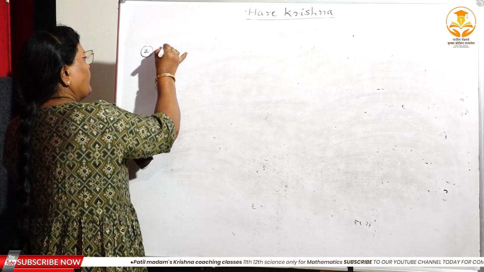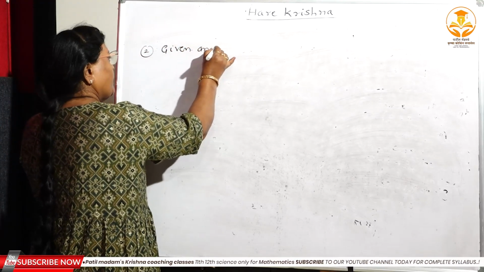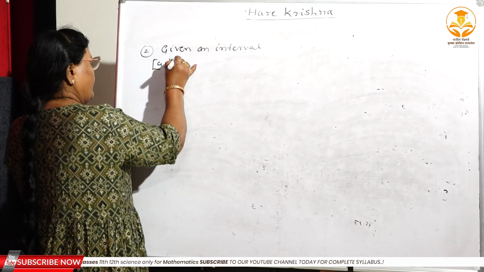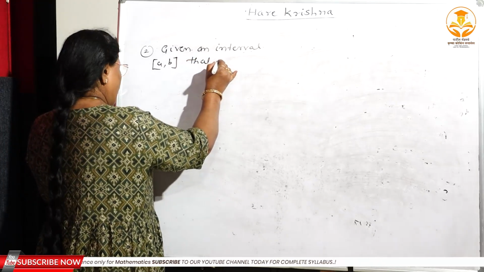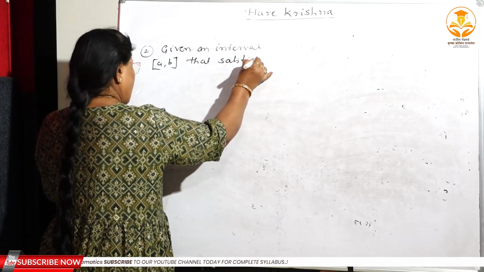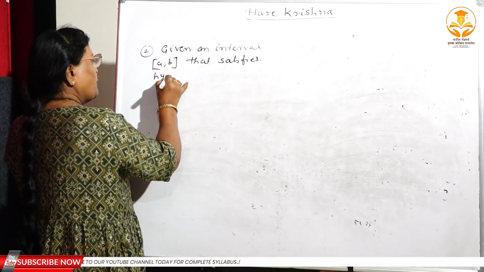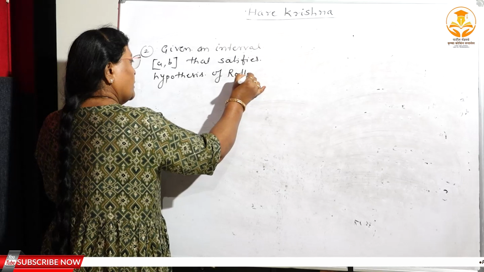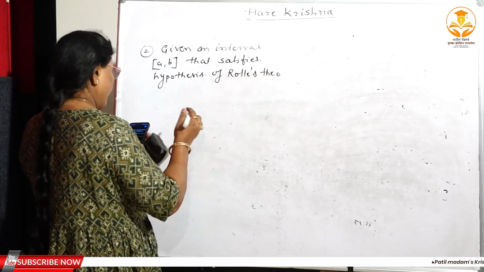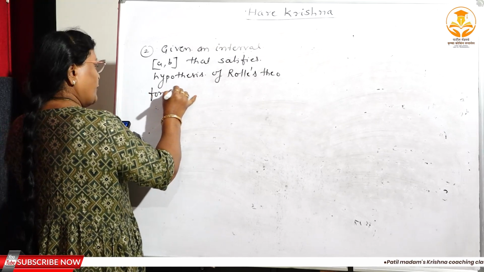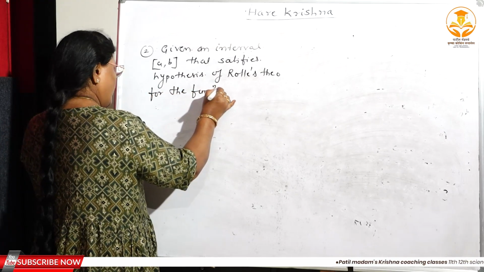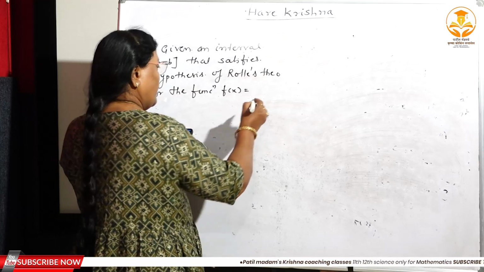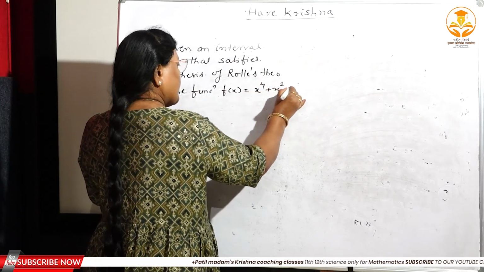Second one: given an interval a comma b that satisfies the hypothesis of Rolle's theorem for the function f of x is equal to x to the power 4 plus x square minus 2.